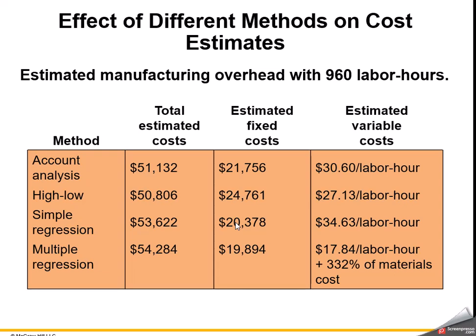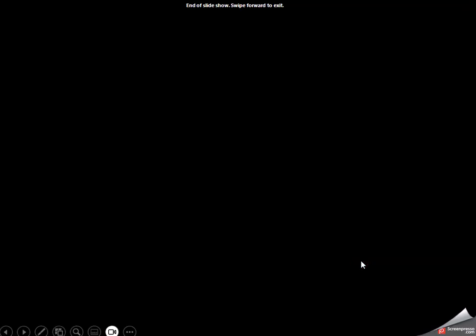And then the regression, where we look at all of the data, we came up with this number. So in my opinion, that simple regression is probably the most accurate, because the high-low, like we said, you can have outliers, and that could throw those numbers off. Okay, so that is our cost estimation and analysis chapter.